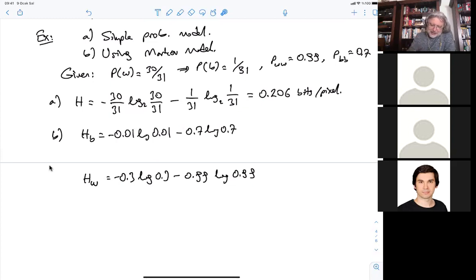So let's continue and give it as an exercise for you to help me to come back to this note and try to evaluate what these are. Or if you have some computer related things, please give me the results, because I don't have the results now. What is the first HB, the entropy of the black pixel, and what is the entropy of the white pixel?